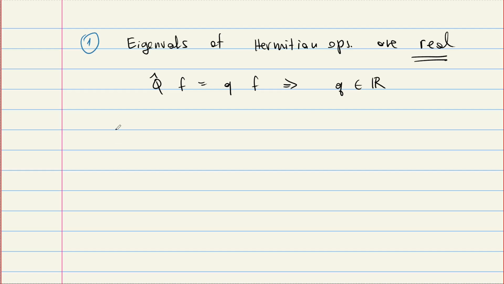So let's prove this. Proof. So let's think about this: Q f is equal to q f. So this is the eigenvalue equation. And I can take the Hermitian conjugate of both sides.